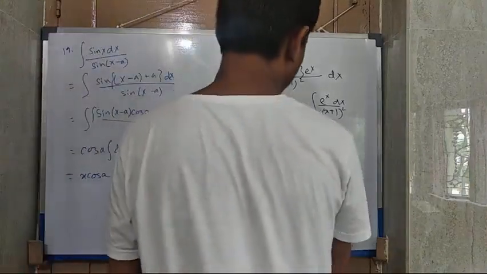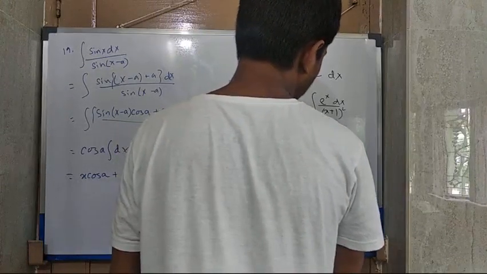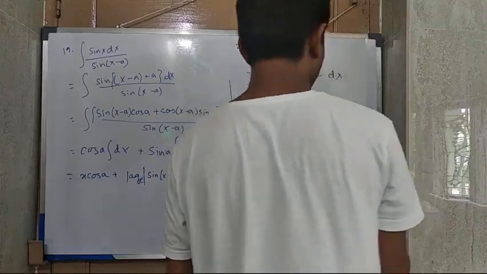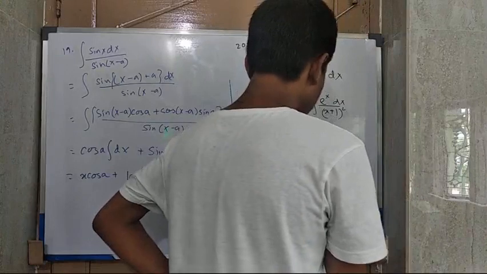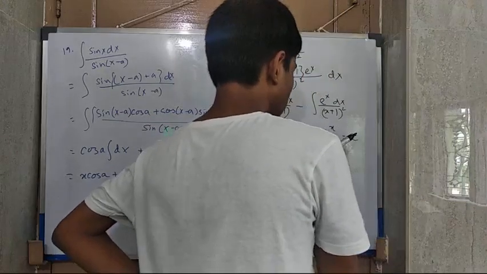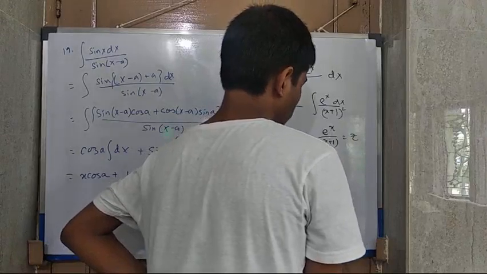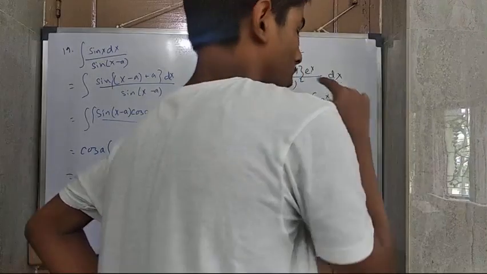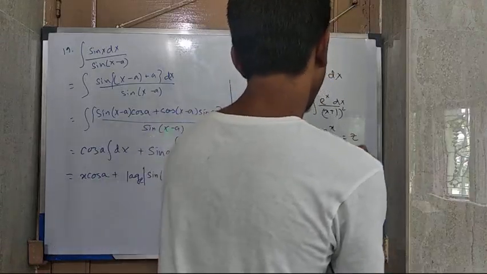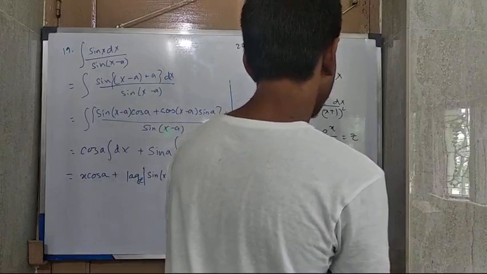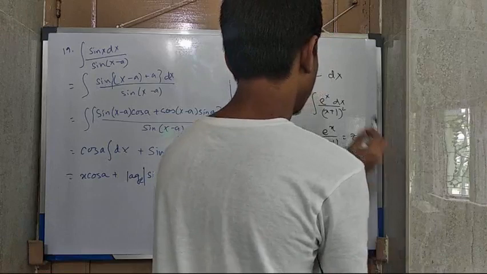Let's suppose e to the power x by (x plus 1) is equal to z. When we take dz, this will become e to the power x by (x plus 1) minus e to the power x by (x plus 1) whole squared, times dx, is equal to dz.